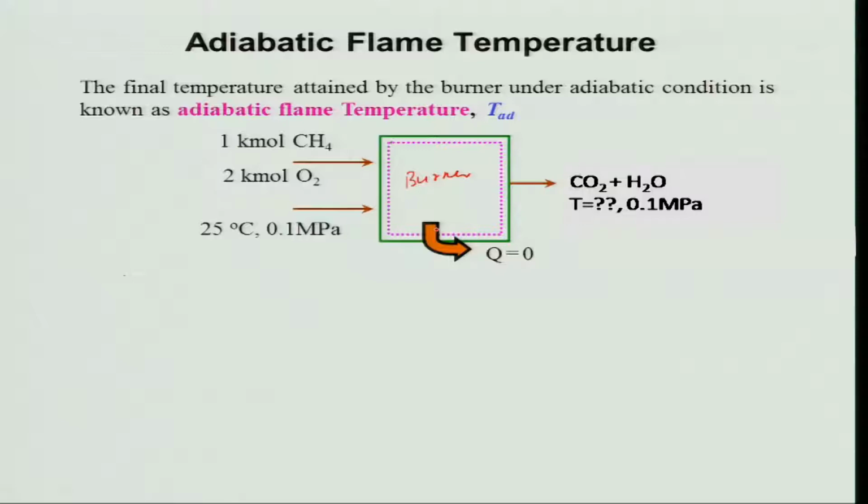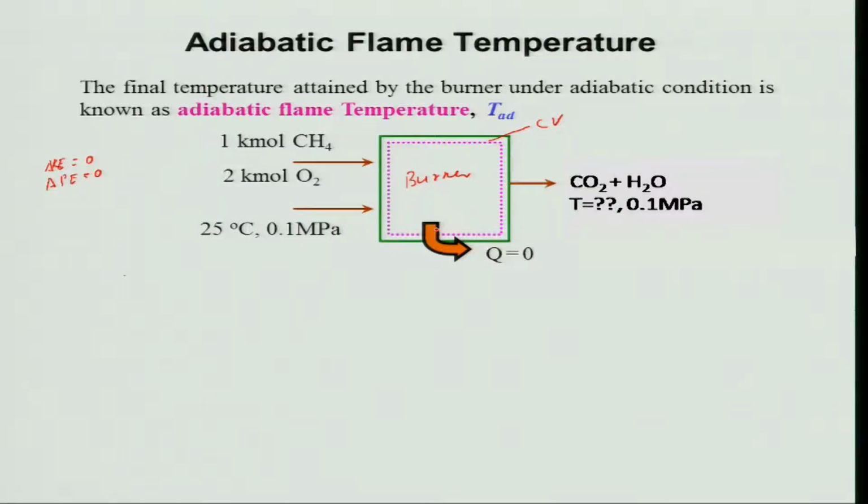I can take this burner as a control volume, and no heat is going out of this burner, right. And what assumptions do we need to make? We have to say that it is a steady process, the change in kinetic energy and change in potential energy are 0, and no work interaction is taking place, and there is no heat interaction as well.